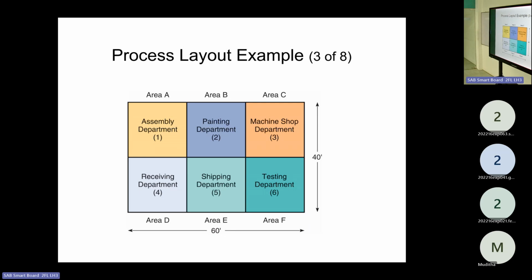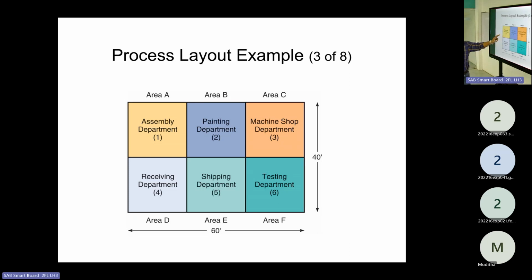Now we know the building arrangement, 60 by 40, and the space requirement for each department, 20 by 20. So it would look like this. The initial layout plan can be an arbitrary location of departments, just to begin with.